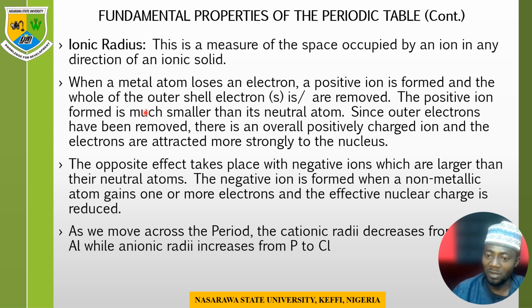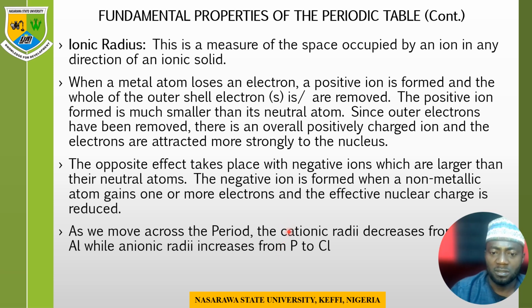So therefore, there will be increase in their size, because at that point they are gaining electrons. The number of electrons will become equal to the number of protons, and even more as you move further. So as such, the effect of the nuclear charge will not be felt much, because the size of the atom will be increased.